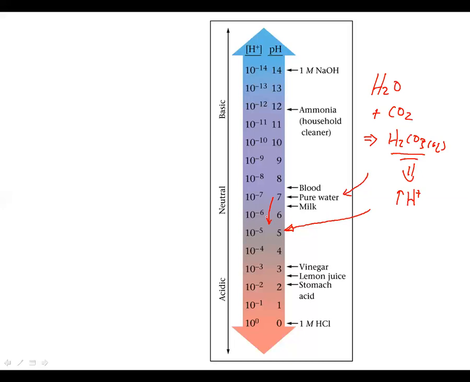And one way, if you want to help out in an experiment where you don't want that effect of having extra H plus because of the CO2 that was developed, what sometimes people will do is they'll boil the water, and when they boil the water, that will remove the CO2 and just leave you with pure water. And that a lot of times will bring the pH back up to 7.